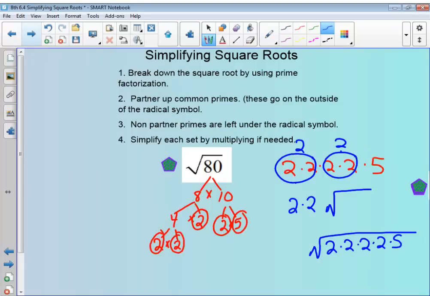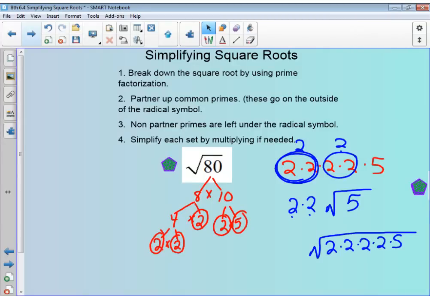So what I'm saying here is 2 squared is going to take care of one set underneath. So that's why I'm writing it out once. So the key thing here is, if I have a pair, I just write that number once for each pair. Whatever's left over, I'm going to write underneath the radical symbol, so I've got a 5 underneath of here.